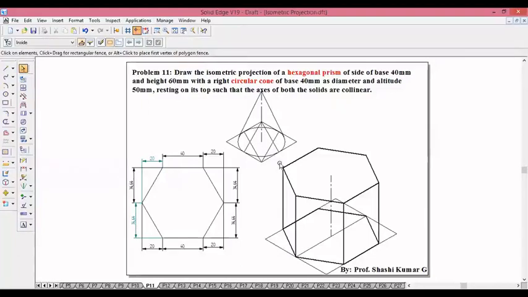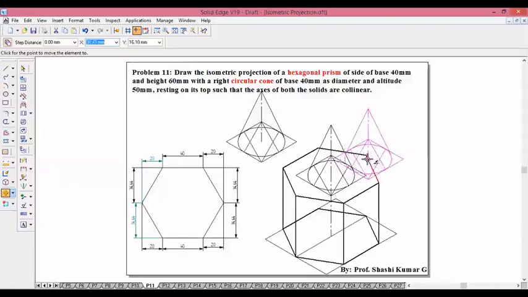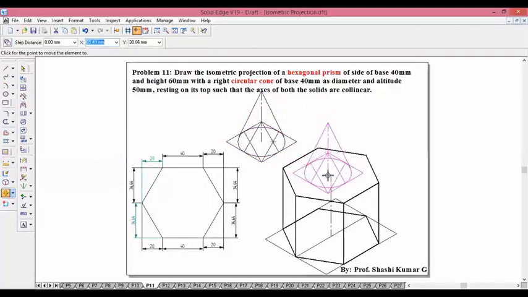Now move the cone. Make use of the move command, move the cone from the base center and place it on the top center of the hexagon. While moving, we don't want a copy of this cone, so switch off copy, and move from the base of the cone to the top of the prism.